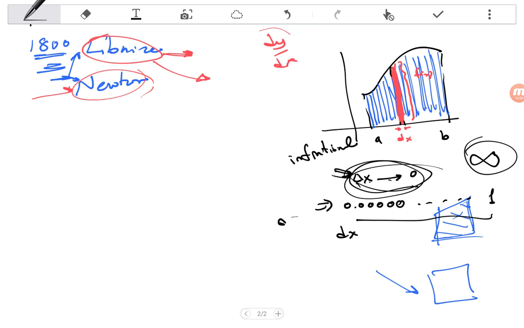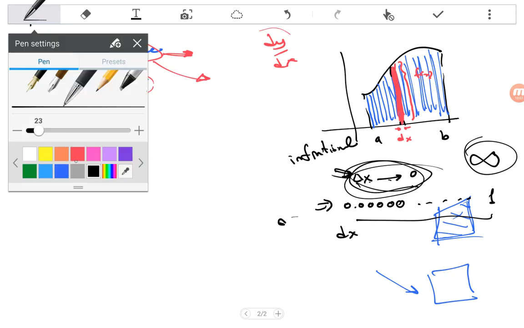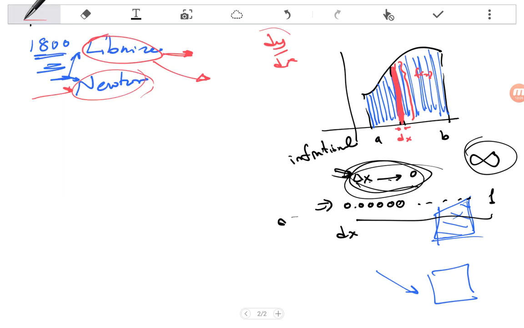In that case, what is the area of that red strip? The area will be f of x, and it can be approximated as a rectangle, a very small width with a length. So we multiply both of these: f of x dx. He called that dA, which is also an infinitesimal area.